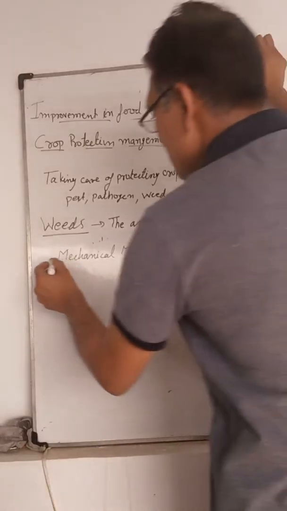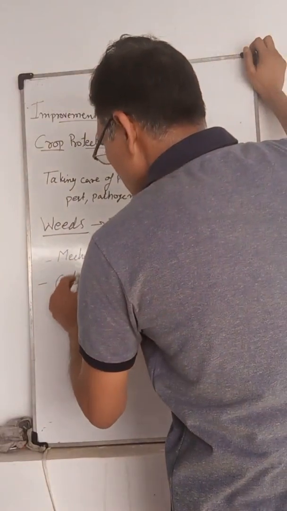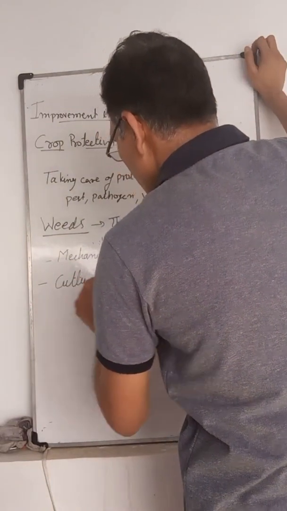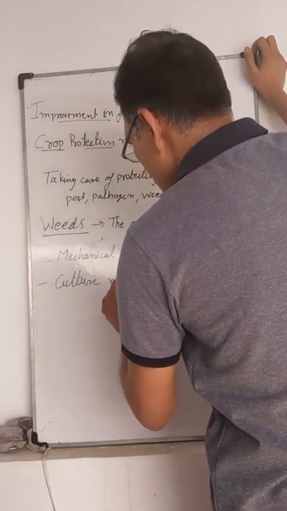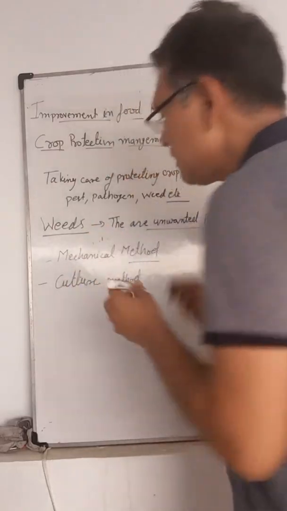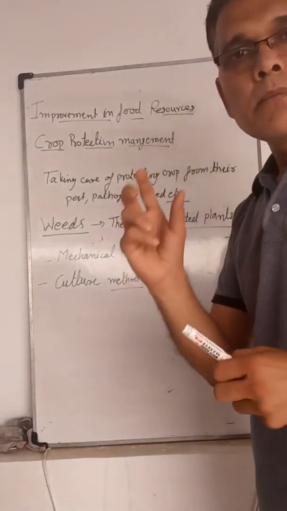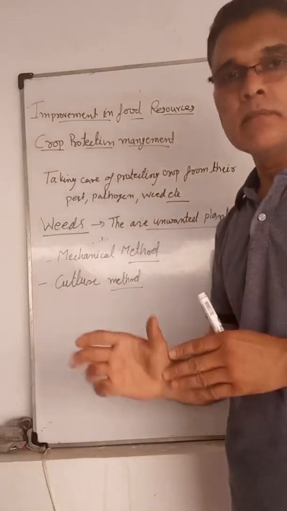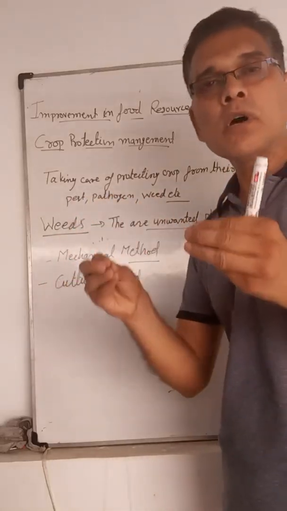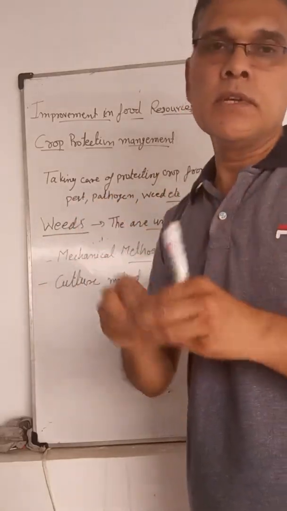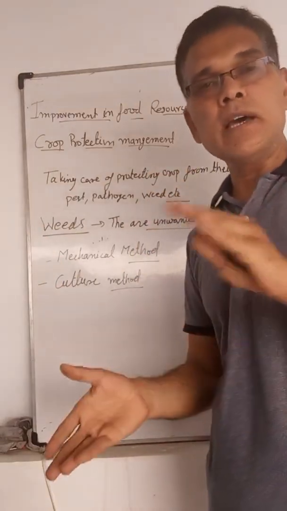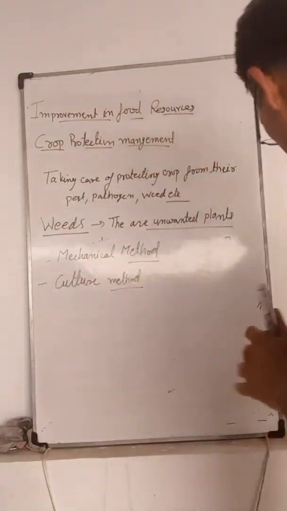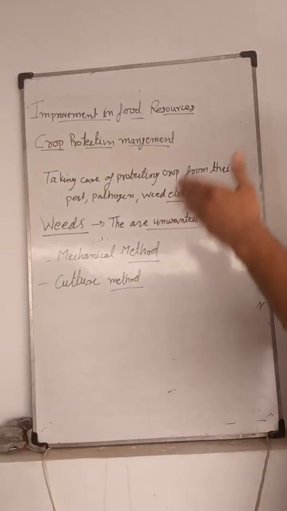Second one is the cultural method, by sowing seeds at the proper time. If we sow the seeds at the proper time, the weeds cannot grow with the main crops, and we can control the weeds.